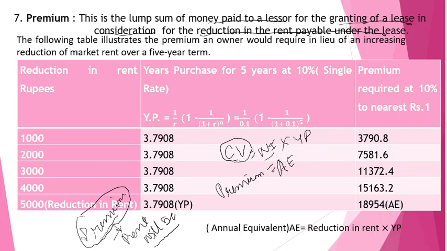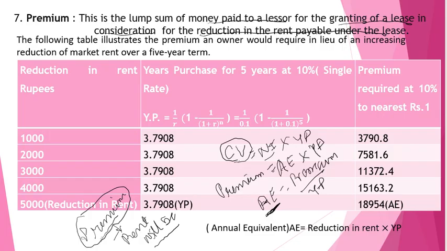Premium paid by the tenant or lessee equals annual equivalent multiplied by YP. So if you have to find the annual equivalent, it will be equal to premium divided by YP. So how much the rent will reduce will be equal to the annual equivalent.